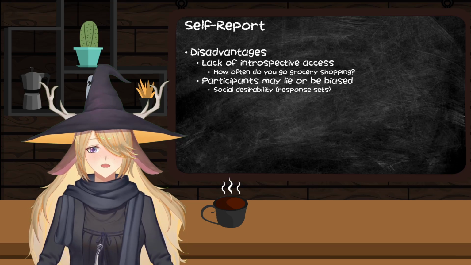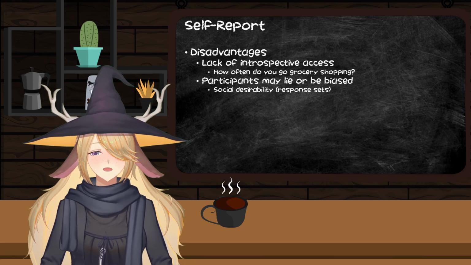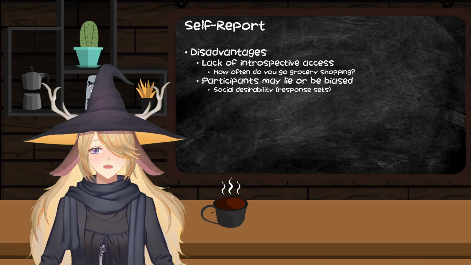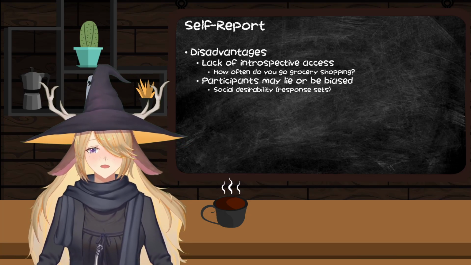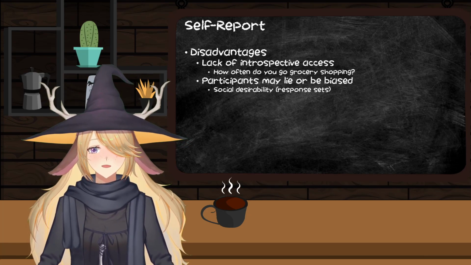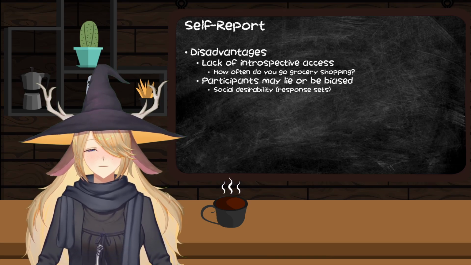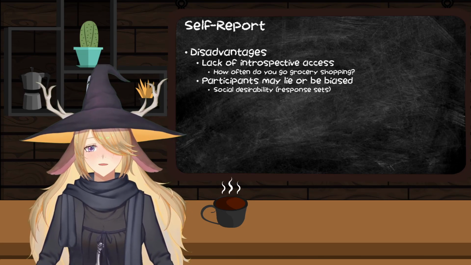Or I'm out of coffee and I feel like I'm dying. In those cases, do you count that as grocery shopping? Like, I technically didn't go to the market. I went to the corner store. Is that the same thing? These are issues of self-report because you get into construal, or how do I interpret the question, or what do I personally consider to be grocery shopping, right?